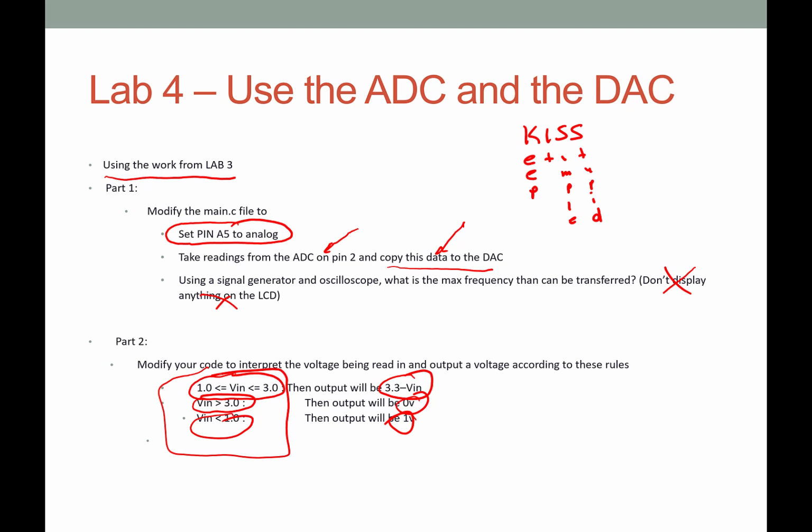You should know that if you put in 2 volts, it should run this segment of code and output this and give you 3.3 minus 2 out, and so forth. So make sure you realize that you're basically doing sort of an if-then-else statement to try to get it to manipulate the data that you're reading in and output something that you want based on that data.